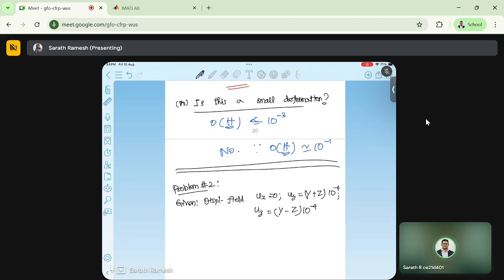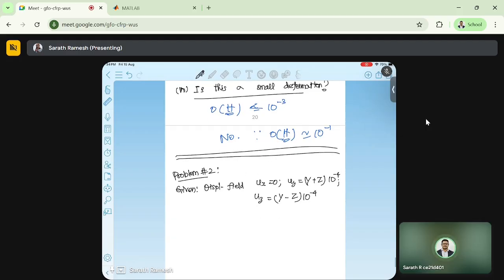Okay, this is given. And again, we have to find the displacement gradient, deformation gradient, linear strain tensor, engineering strain, change in angle, and so on. Fine. Let's do one by one.